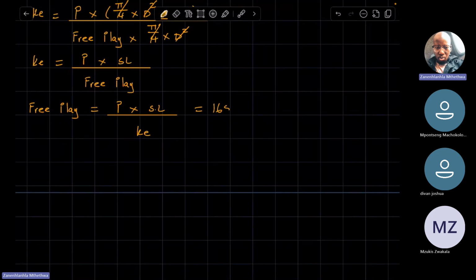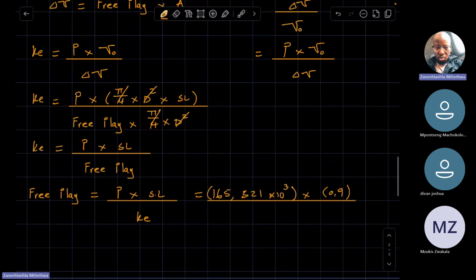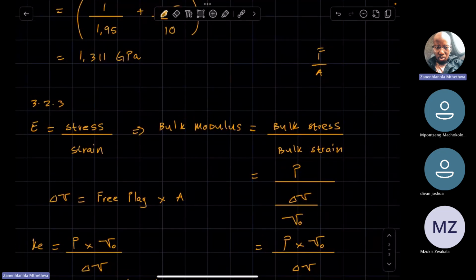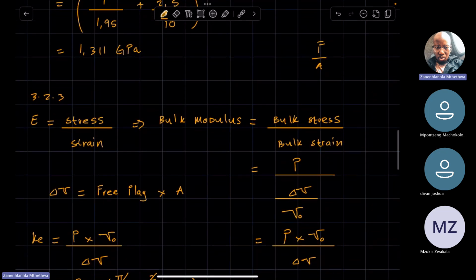So we have 165,521 times 1,000, times the stroke length, which is 0,9, divided by the effective bulk modulus, which we've just calculated and got 1,311 gigapascals.